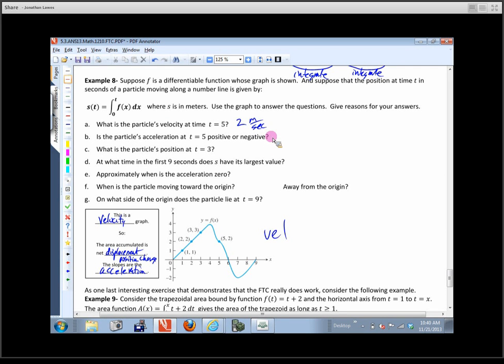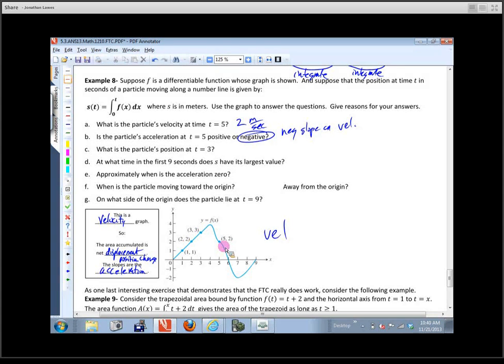Is the particle's acceleration at t equals 5 positive or negative? Answer there is negative. Why is that? Okay. Negative slope on velocity graph.